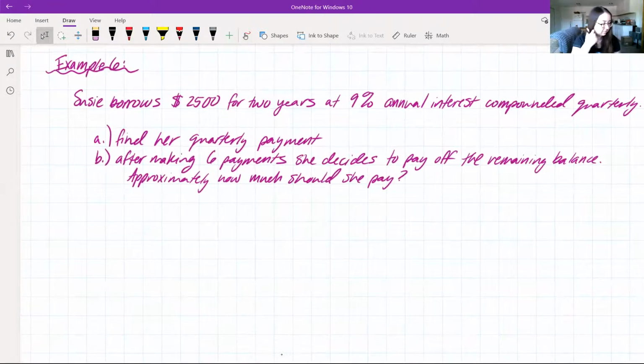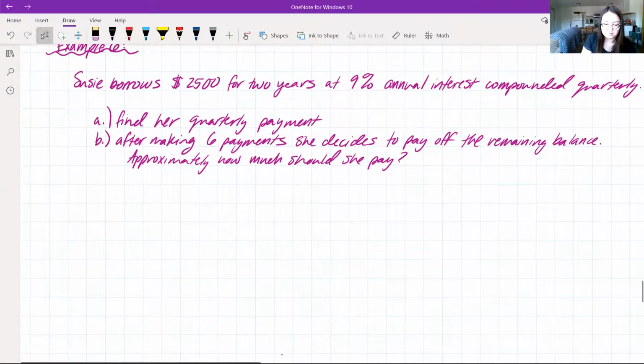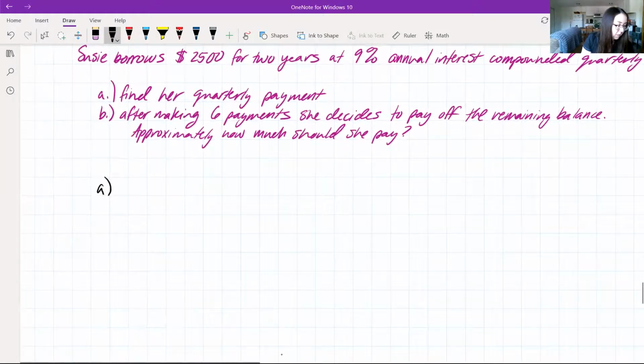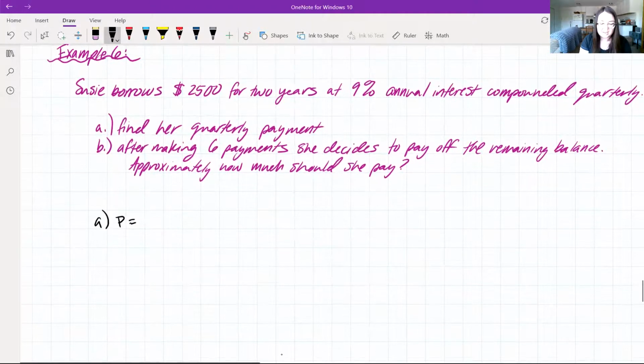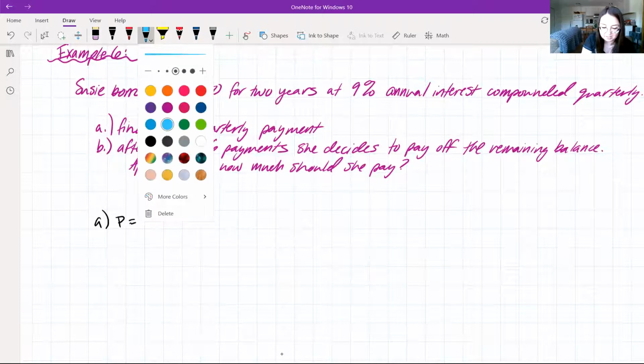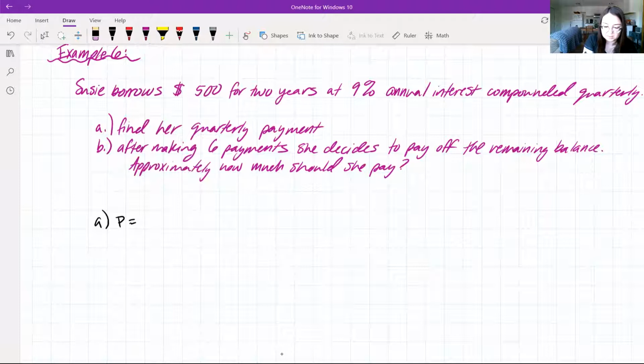So for part A, we know that our p-value is going to be, and I realized that I wrote a number wrong. I must have had 2,500 stuck in my head from the last problem that we had. So it's supposed to be 3,500. There we go.